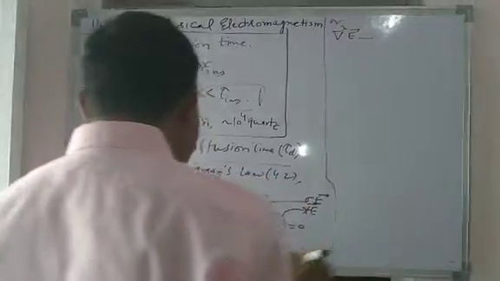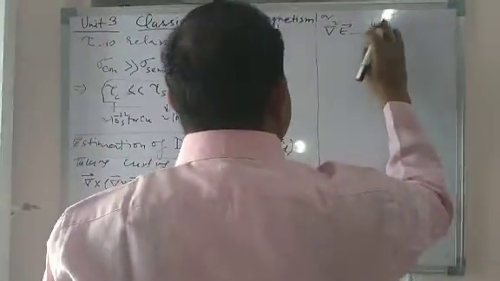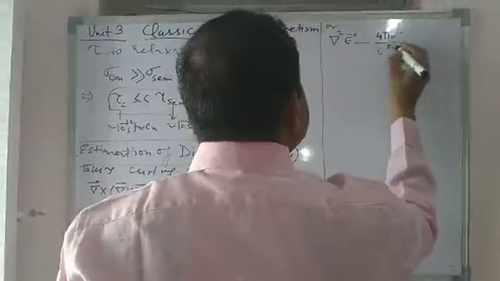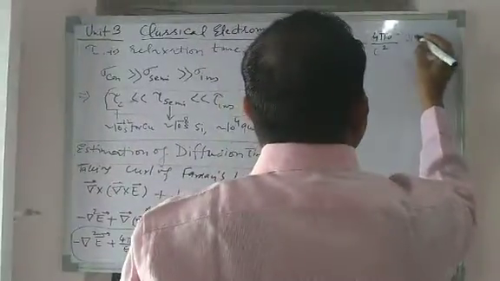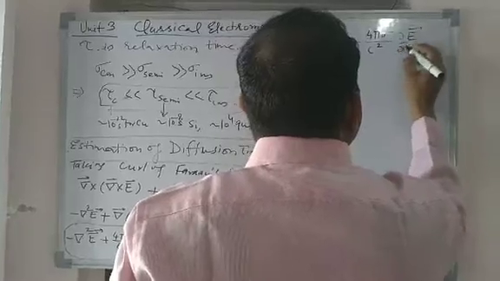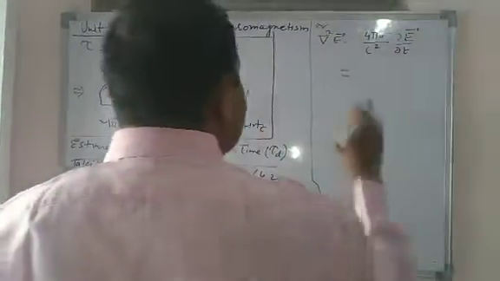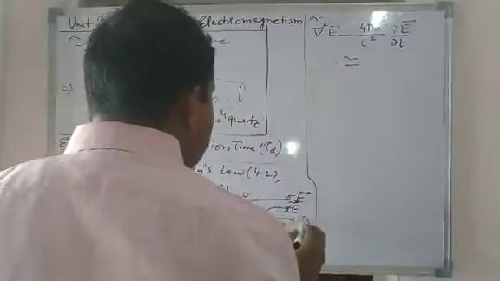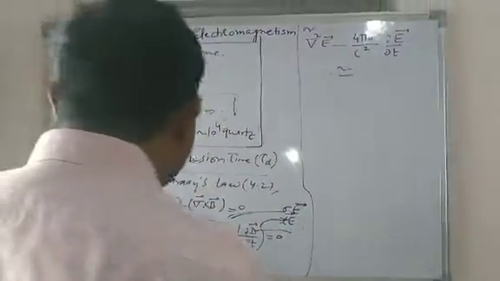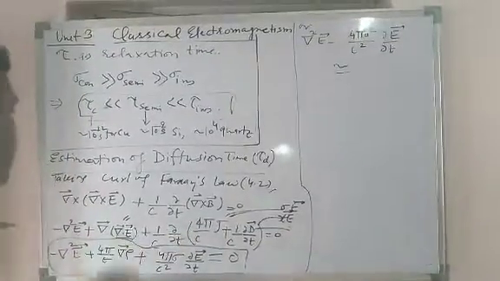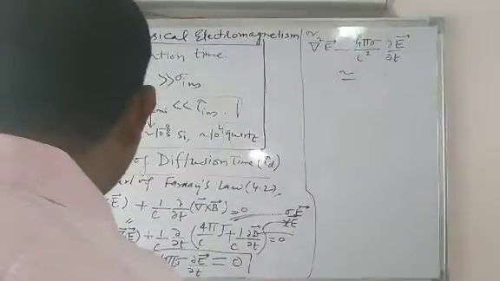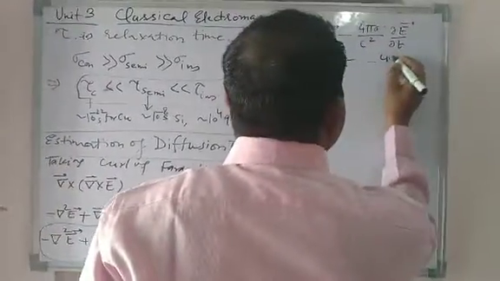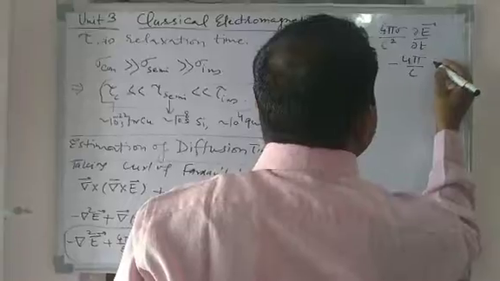If we write the simplest form, 4 pi sigma upon C square times del E by del T is approximately equal to, because we have ignored this term, since this is a second order term in the derivative of T, del 2 E minus 4 pi by epsilon gradient of rho.